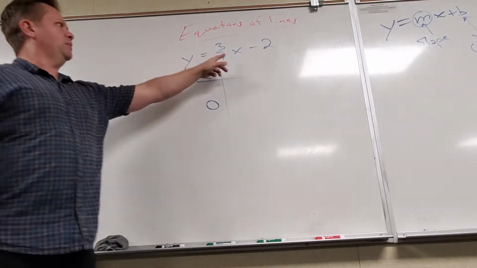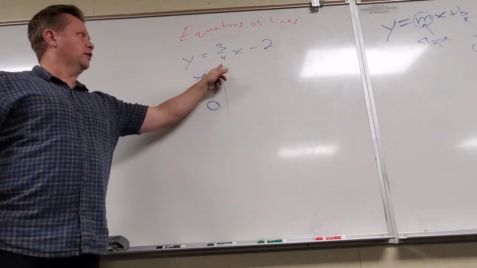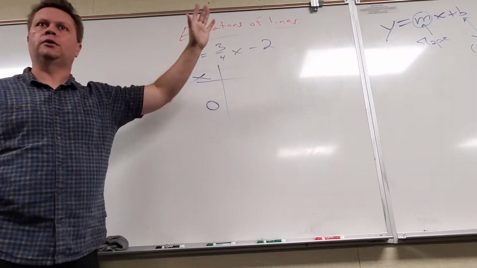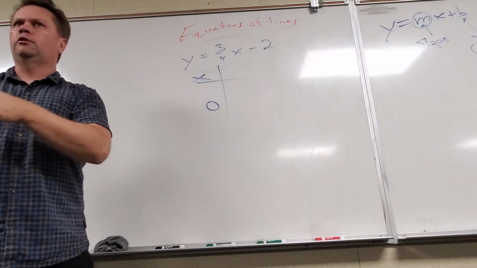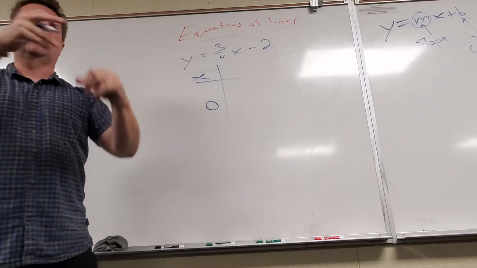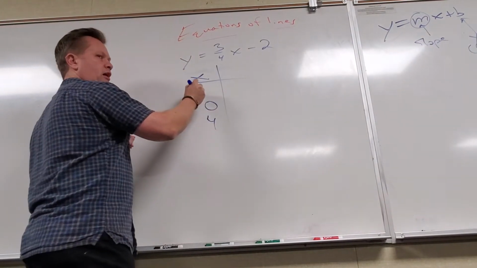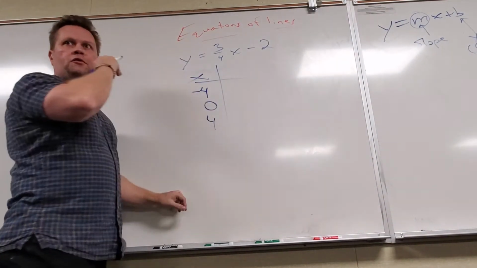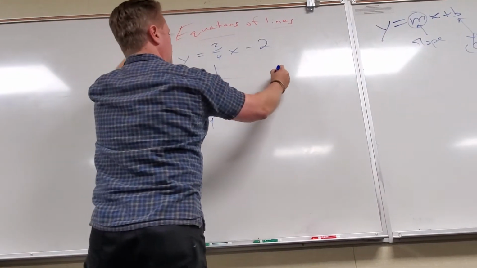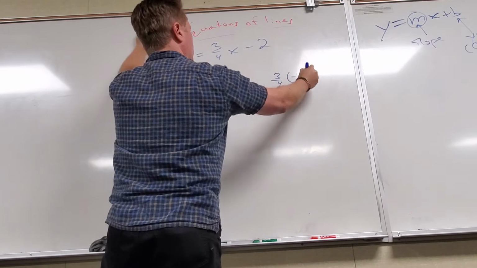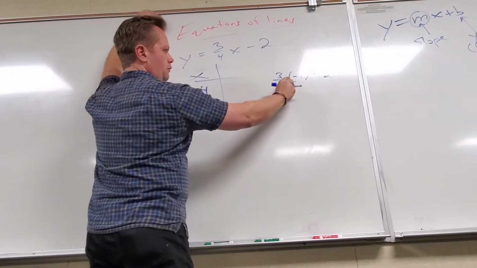No. Well, what am I going to put in there? 4, because then the 4s cancel and I get nice whole numbers, right? So we can be nice to ourselves when we're the ones picking what to throw into this thing. So I'm going to pick 4, and obviously I probably would pick negative 4, right? So let's see what we get. If I put a negative 4 in there, 3/4 times negative 4 minus 2, what happens here?